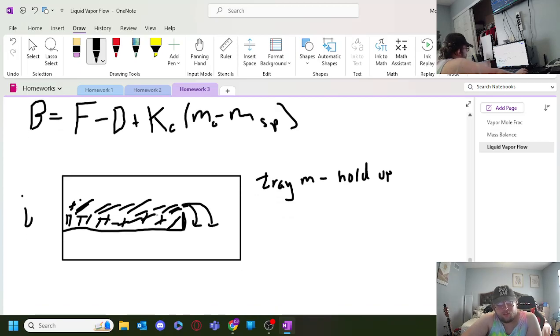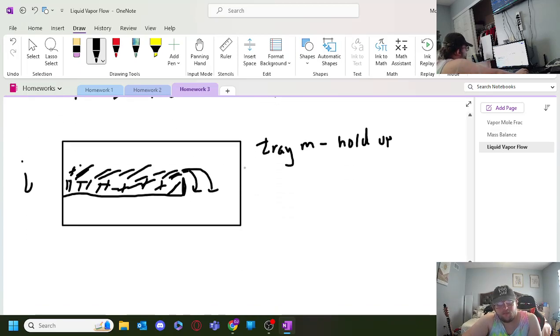Now, another thing to consider about this tray is something called a weir coefficient. Basically saying, like how with a cup of water, the surface tension will sort of keep it from falling over if it's just over the rim of the cup. So that weir coefficient is going to sort of help push this over. So we're going to give it a little omega symbol here for weir.